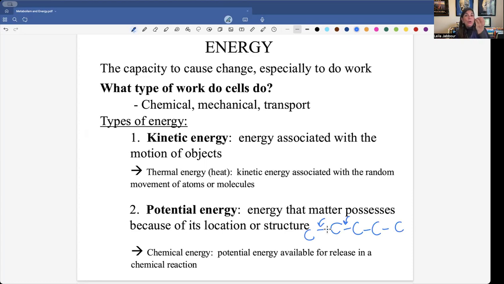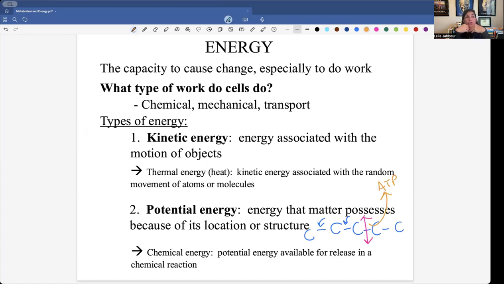And that's what we call potential energy. It's energy that is potentially there, but we don't need it yet. But if we do need it, we would have to break this bond. And when we break this bond, the energy is released. So that's what we call potential energy.